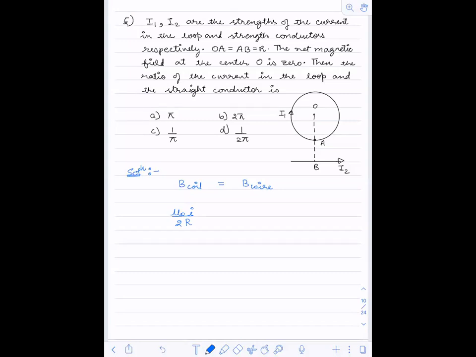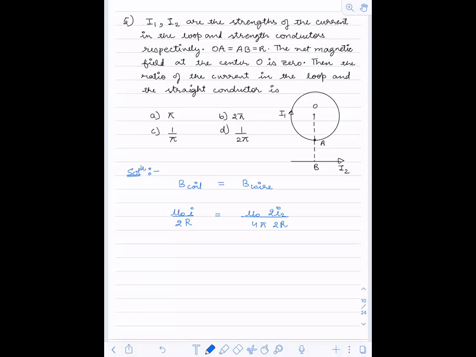Now, because the length of the conductor is not given to me, I will assume it as infinite. For that, I will write mu naught into 2 I2 divided by 4 pi into 2R.